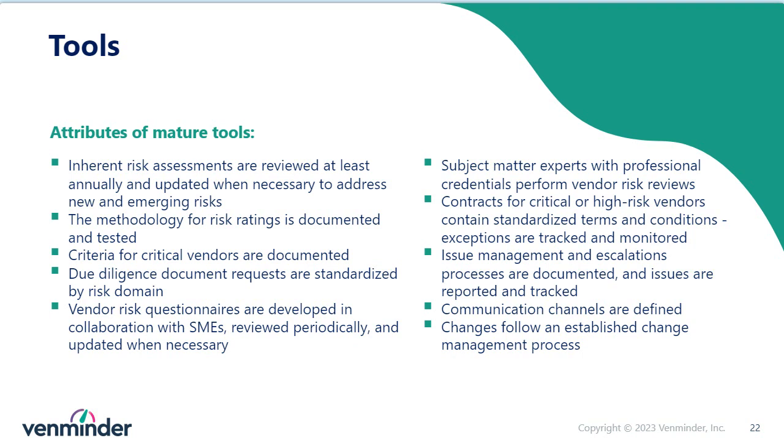We want to define our communication channels, not just to our vendors, but to our stakeholders as well. Do we communicate through email or through a Teams chat? We need to make sure that that's established and standardized so people know where to look for the information. And then finally, with any tool, when there's changes, they really should follow an established change management process.